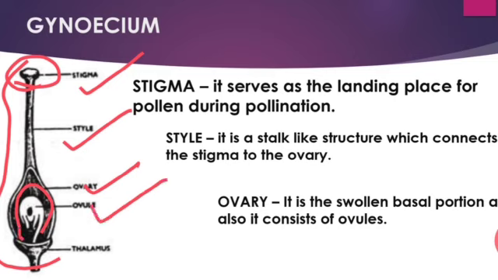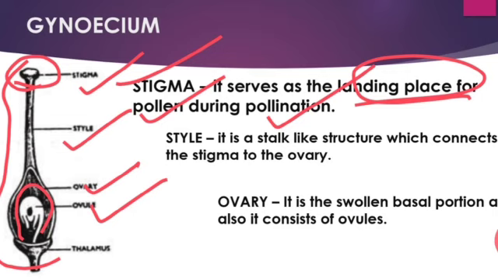Now these structures have some important functions. Stigma is the landing place for the pollen grains during pollination. Style is a stalk which connects the stigma to the ovary.